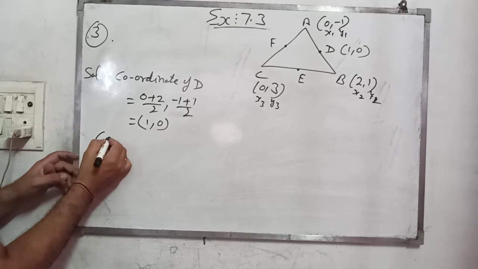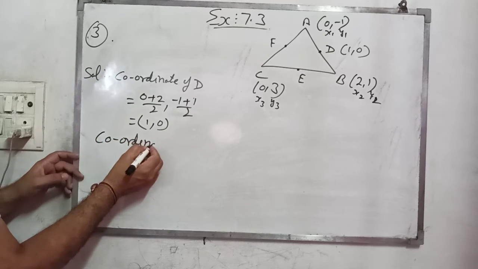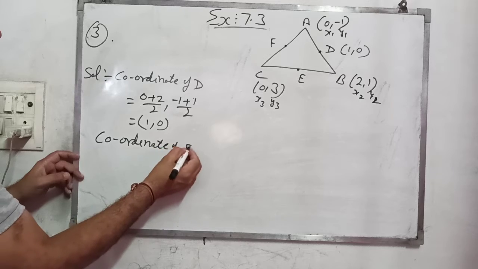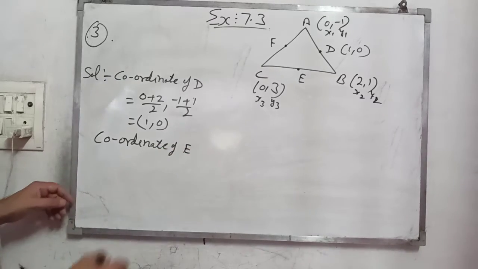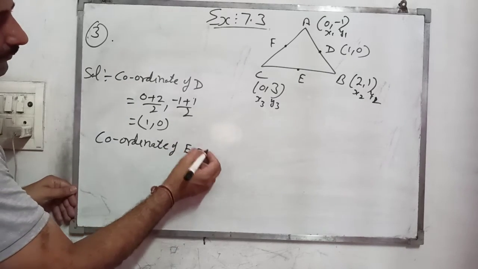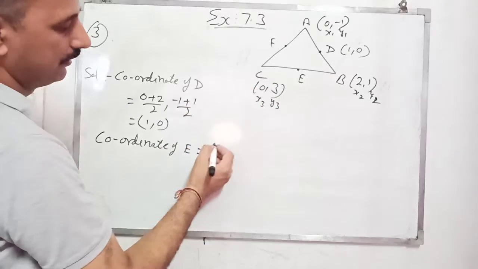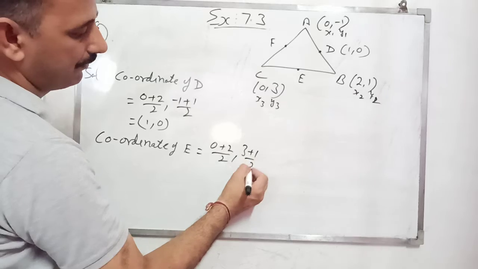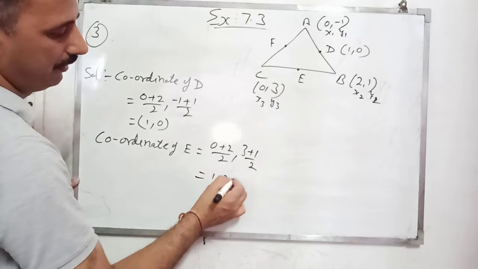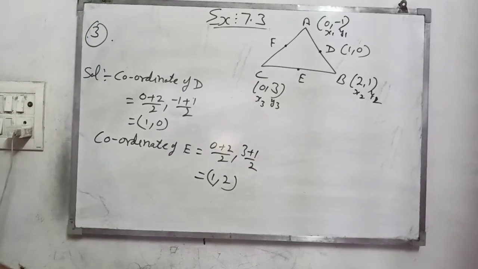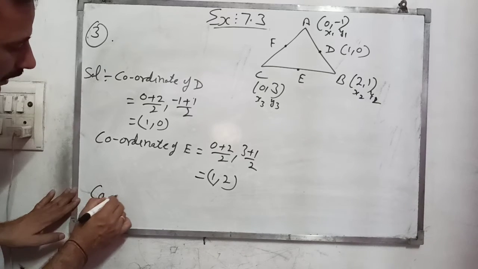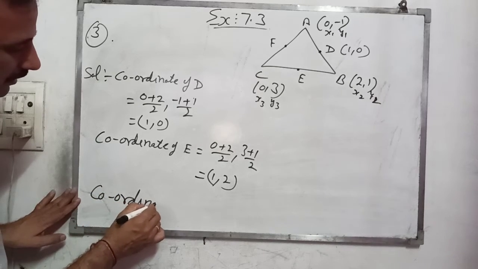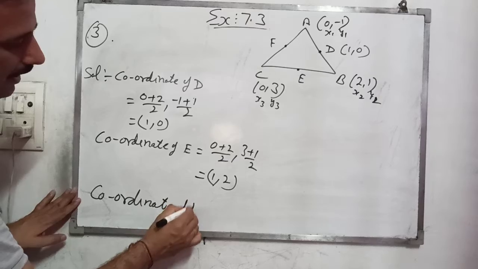And the coordinate of E point. That is also a midpoint: 0 plus 2 upon 2 and 3 plus 1 upon 2. So you get 1, 2. This becomes (1, 2). Then again we find the coordinate of F point.